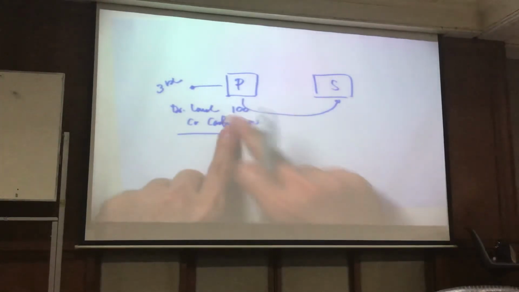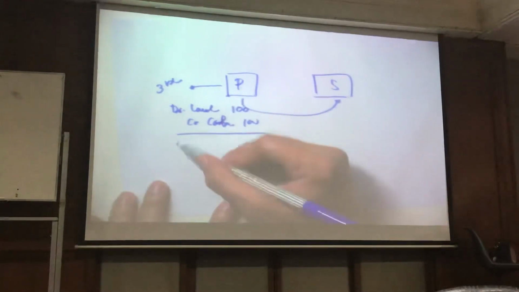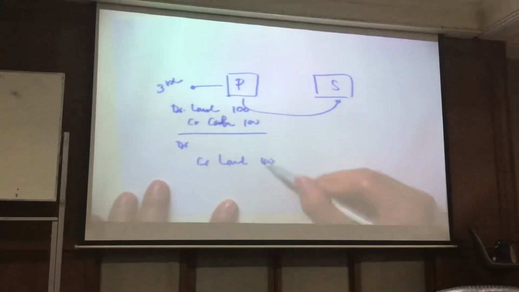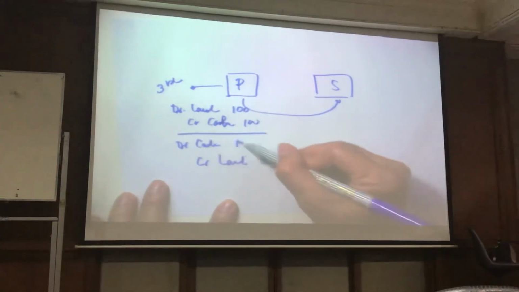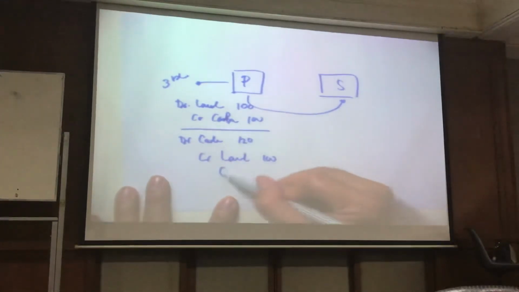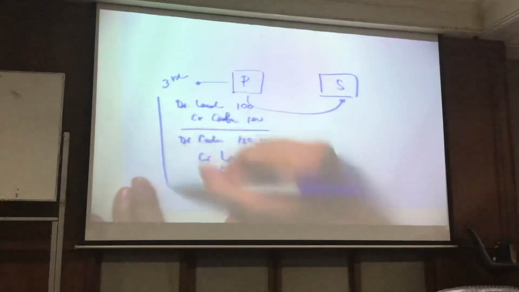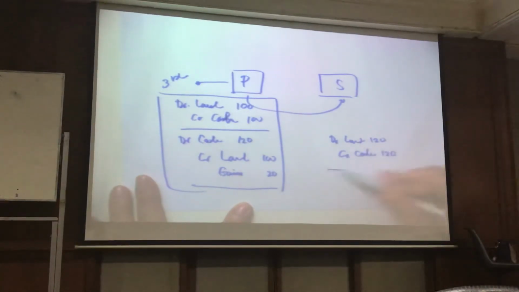And now I sell this same land to the subsidiary. So what I record is, land goes out for 100, got the money, 120, got the gain for 20. This is the parent's record. Subsidiary record: I got the land at 120, credit cash for 120.